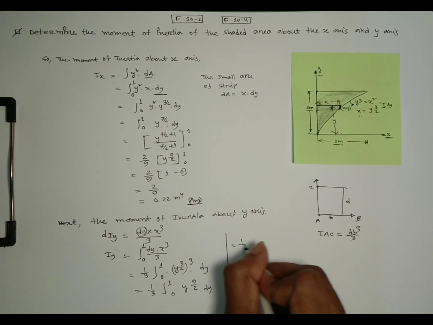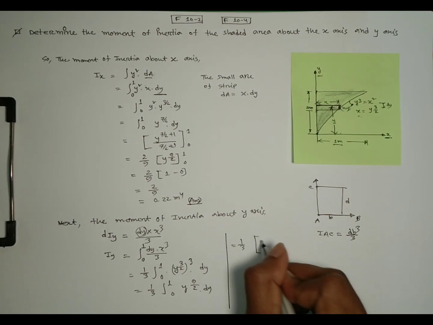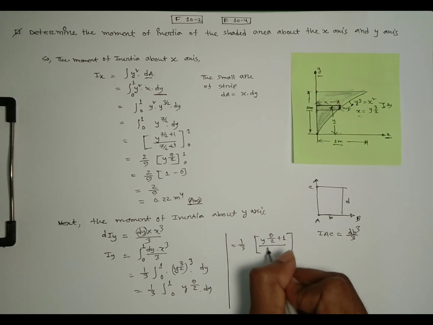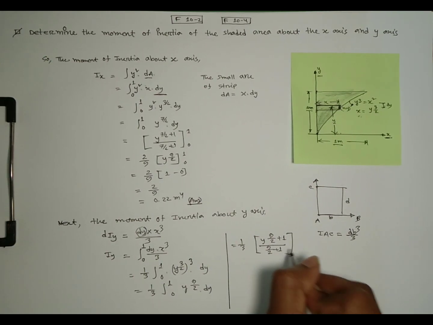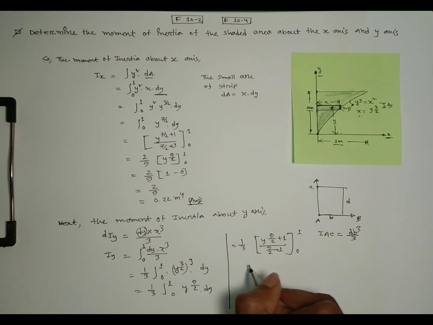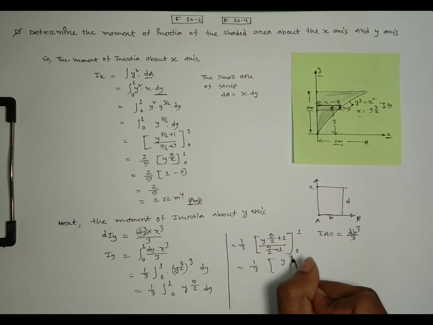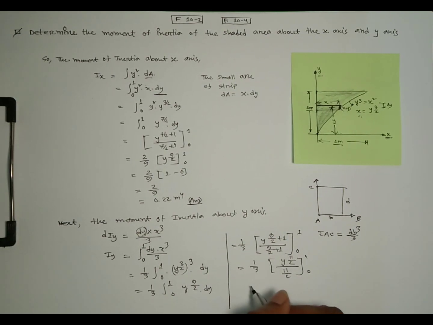Now integrate: 1 by 3, y to the power 9 by 2 plus 1 divided by 9 by 2 plus 1, upper limit 1, lower limit 0. So 1 by 3, y to the power 11 by 2 divided by 11 by 2, upper limit 1, lower limit 0.